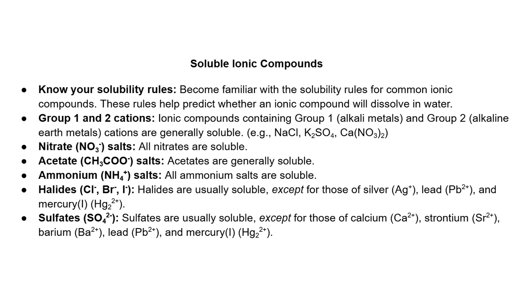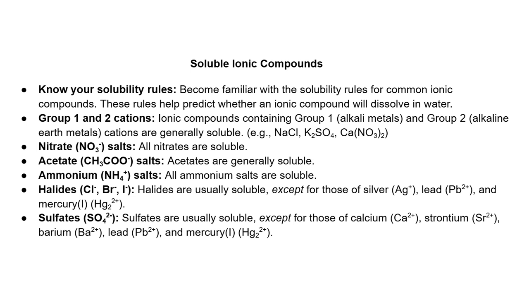So sodium compounds like NaCl, or potassium compounds like K2SO4, or something with a group 2 ion like calcium, Ca(NO3)2. These types of things are going to be soluble. They're going to be strong electrolytes.